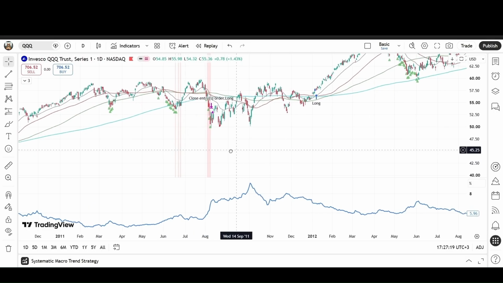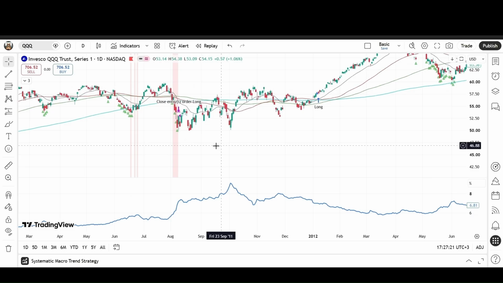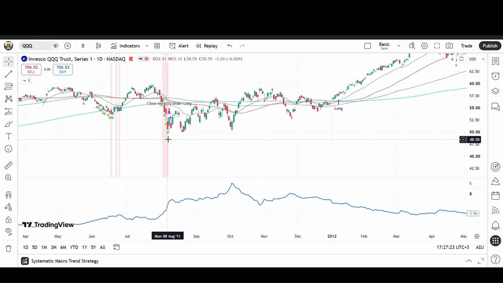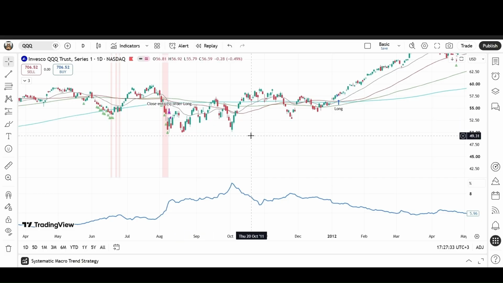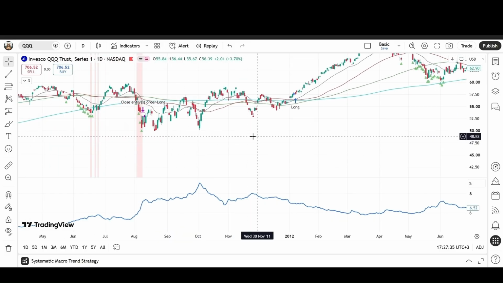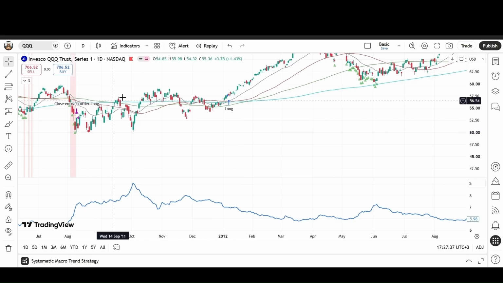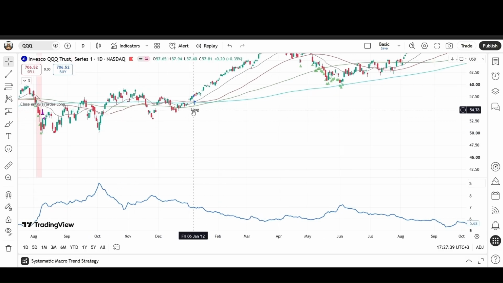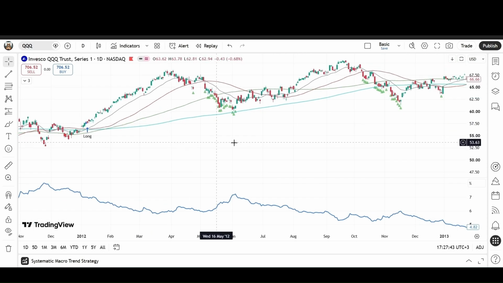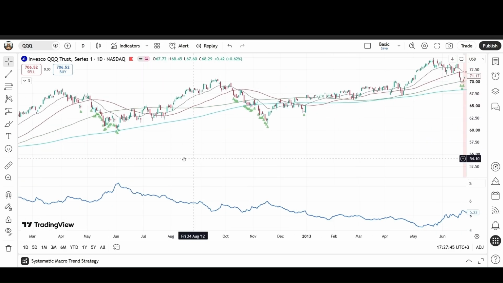Yeah, and that's where there's an exit signal. There's some kind of like a flash crash there, and yeah, we exit here to be safe. And yeah, it's very volatile, but then we finally resolve that and go long there.